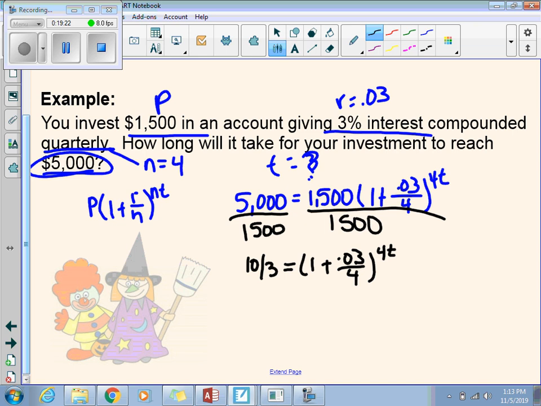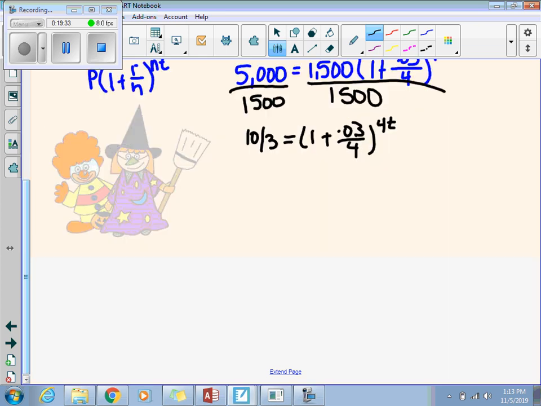Now we need to take the log of whatever that nasty base is. Now you could type that in, get a decimal and use that, but it's not going to be exact. I like to keep things exact. So I'm actually going to take log base of that whole thing and type it straight into my calculator. Remember, we get to log base by hitting math and scrolling down to logBASE, of 10 thirds, equals our 4t, and then we divide each side by 4.